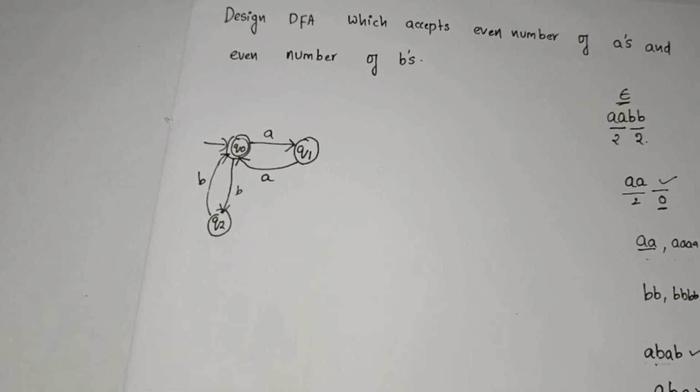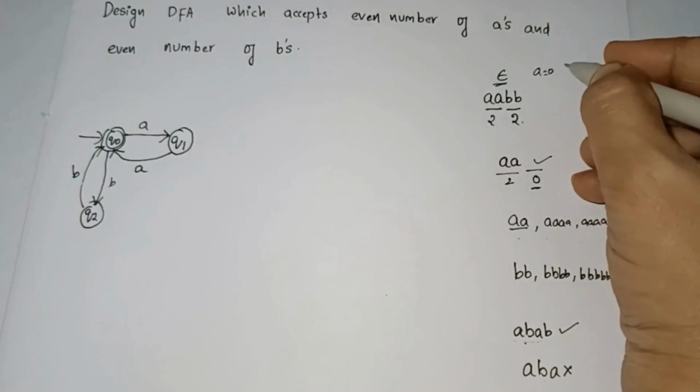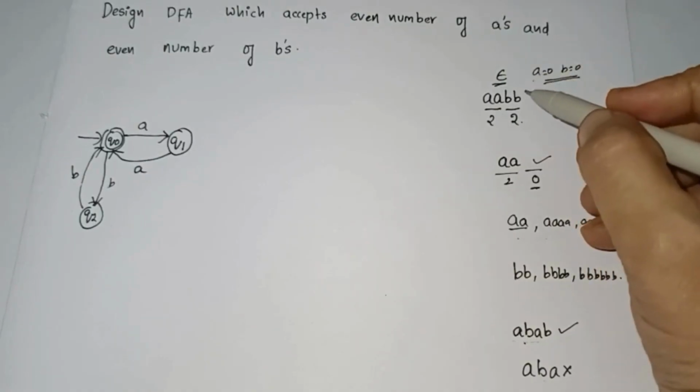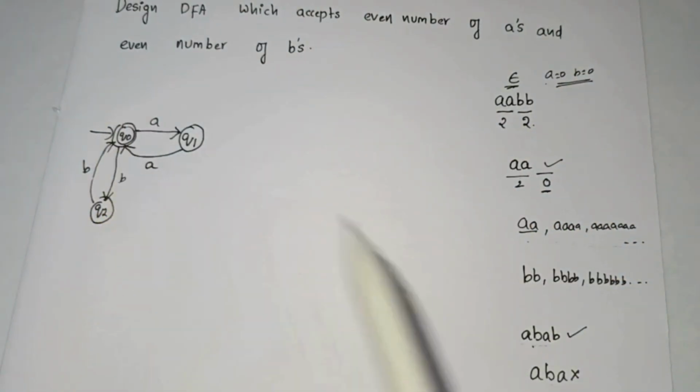Like that, even numbers of B's are accepted. Right? Hope you understood. The basic string is when both A's and B's are 0. When both are 0, we get epsilon. So the initial state has become the final state.